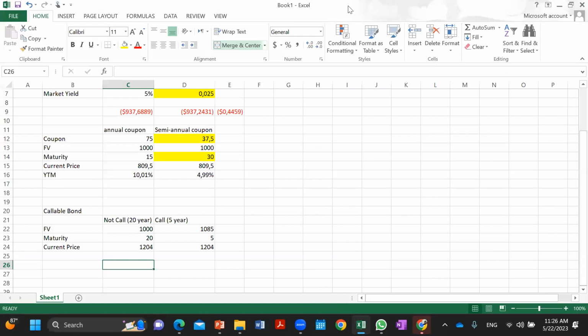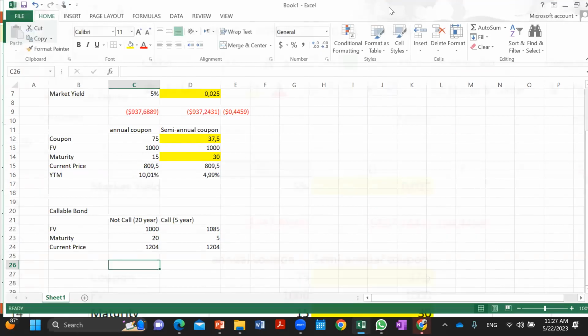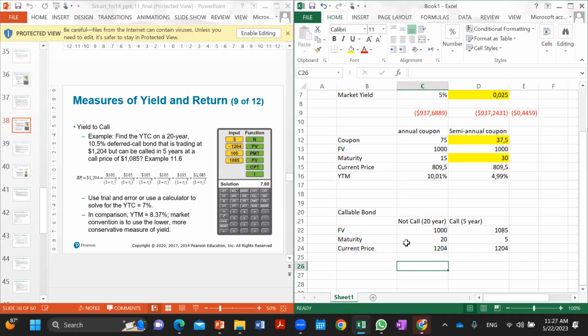So first, let us calculate the yield to maturity for this bond, assuming that they are not taking their callable feature.